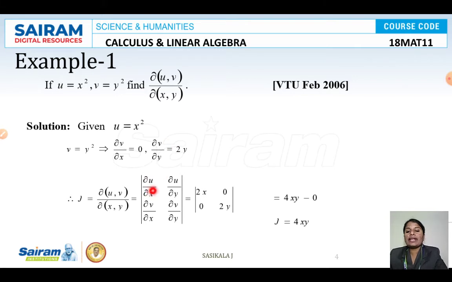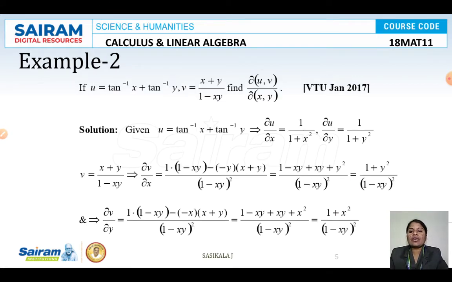Now write the formula and substitute: determinant of 2x, 0, 0, 2y. How do we find the determinant? By cross multiplication, so 2x into 2y becomes 4xy minus 0. So the Jacobian value is 4xy. Now we'll go for the next example.